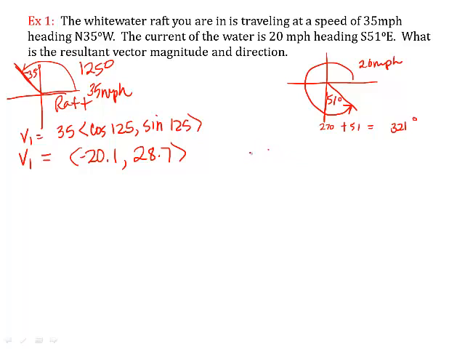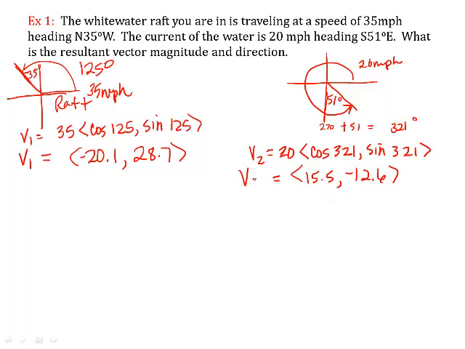So to find this vector, I'm going to do 20 times the cosine of 321, times the sine of 321. Let's crank this out. I get 15.5 and negative 12.6.